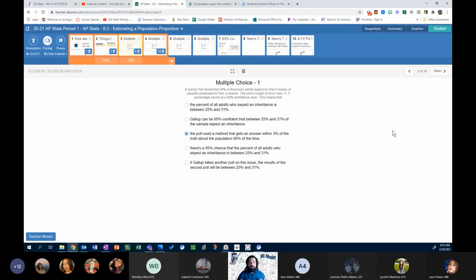And remember, when we talk about confidence level, that means that over many, many repeated samplings of the same size, about 95% of the intervals would capture the actual proportion. We have a margin of error of plus or minus 3%. The other statements here aren't correct interpretations of a confidence level in this context.